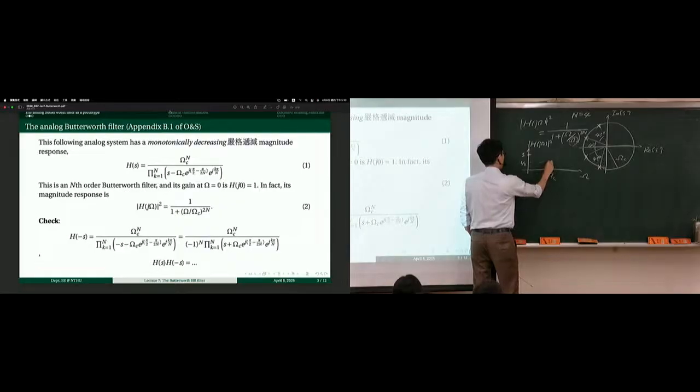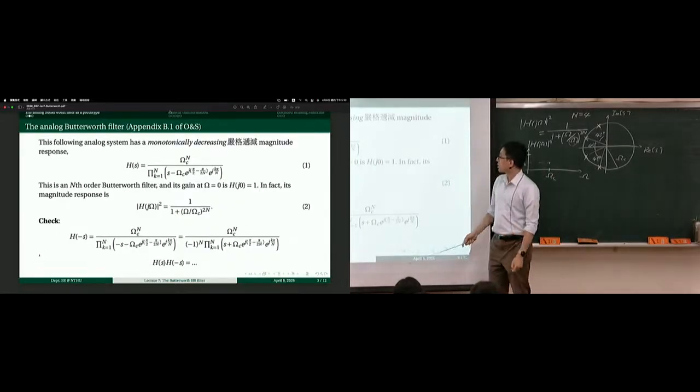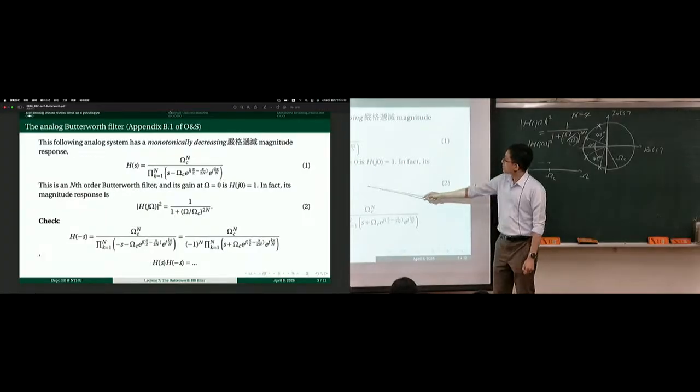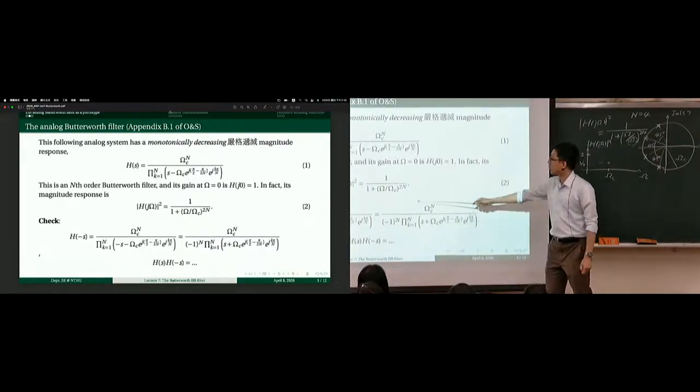Also, please notice that this magnitude response is monotonically decreasing. It is a strictly decreasing function. As a function of omega, this function decreases when omega increases.